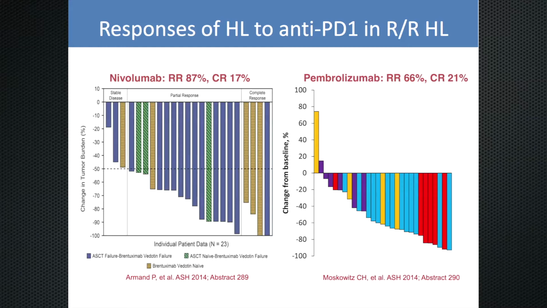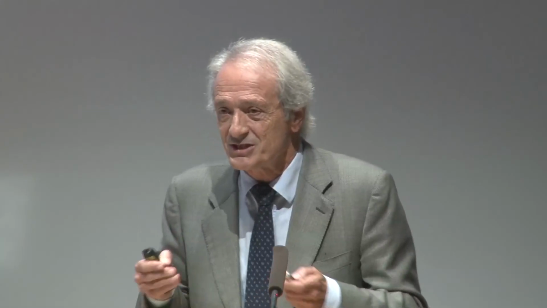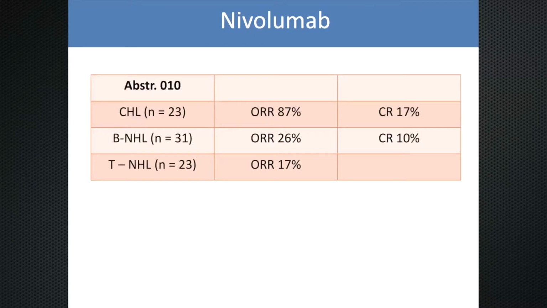And you see here a response rate of almost 90%, with 17% complete response in this extremely resistant and refractory subset of patients. These are spectacular data which have been recently published in the New England Journal of Medicine.